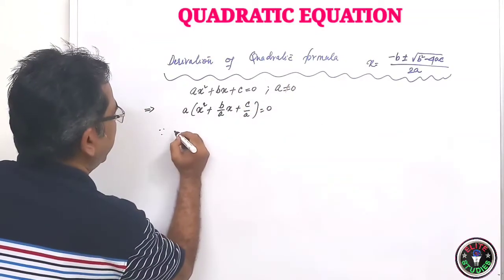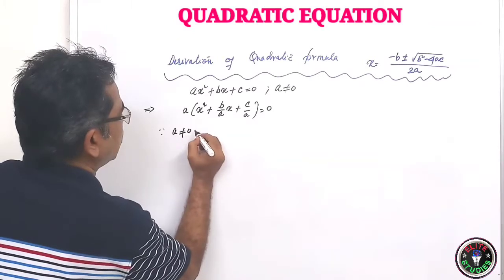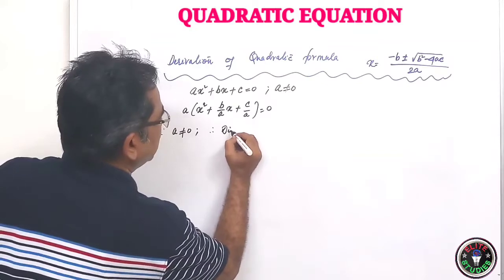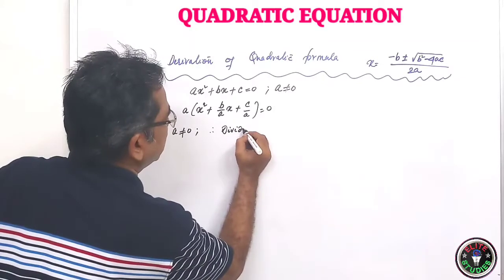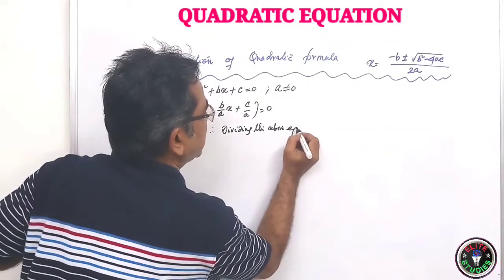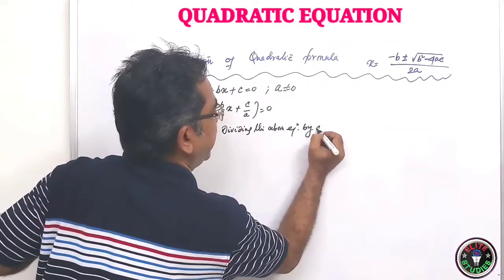Since a is not equal to 0, therefore dividing the above equation by a.